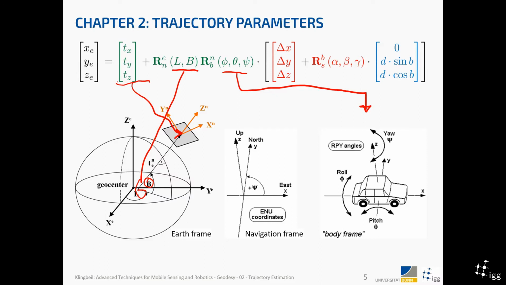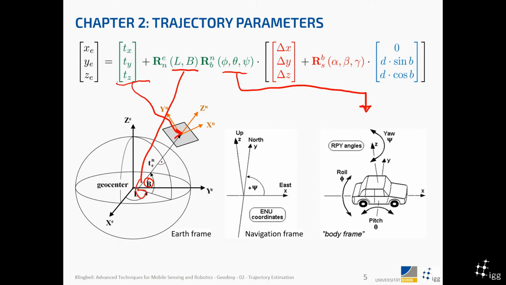Okay, so these are all parameters which are changing over time because they describe the position and orientation of the vehicle with respect to the Earth. And the question is now, how can we derive these parameters? This has been extensively explained last semester, where we talked about the sensors and state estimation lecture, how to generate this using what kind of sensors.